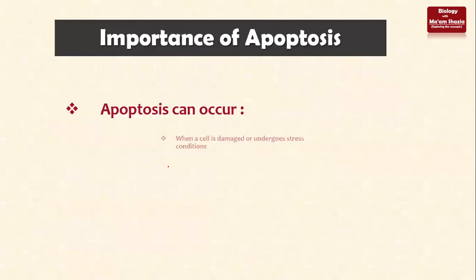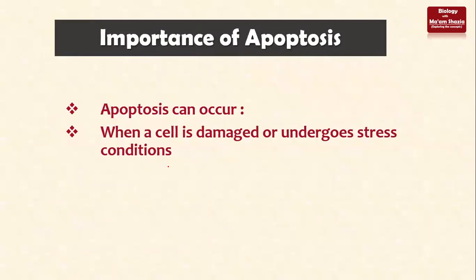And then, where can apoptosis occur? What is the practical application of the process of apoptosis? When a cell is damaged or undergoes stress conditions, right? One reason is that the cell is under stress because it has some infection, some hard blow, or it is old and worn out.